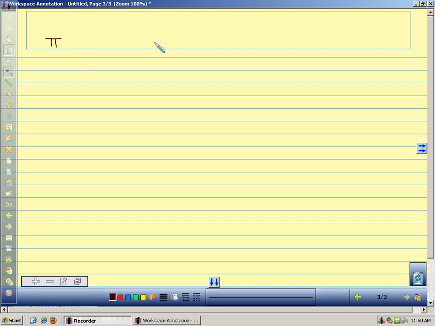But for any circle, anywhere, no matter how big, no matter how small, if we divide the circumference by the diameter of any circle, we get the number pi. So no matter what, no matter where we are, no matter how big the circle is, we always get pi if we divide the circumference by the diameter.